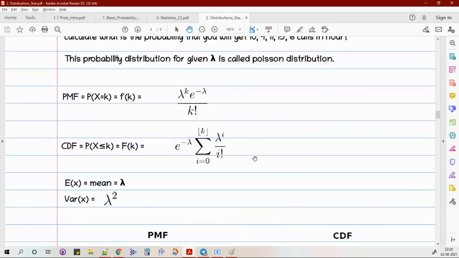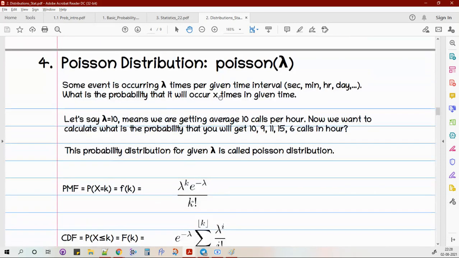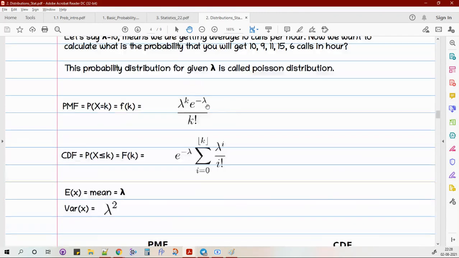Just by observing the distribution over time of an event occurring at particular intervals, not necessarily exactly at 2 p.m., 3 p.m., 4 p.m., and given all this data, if you can formulate it like this, it's really beautiful, right?